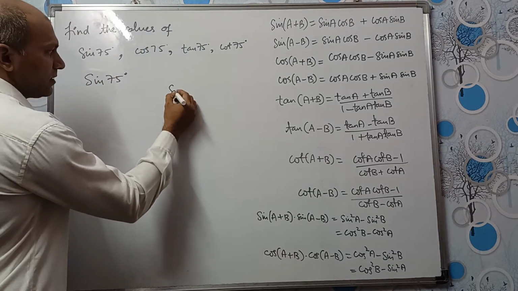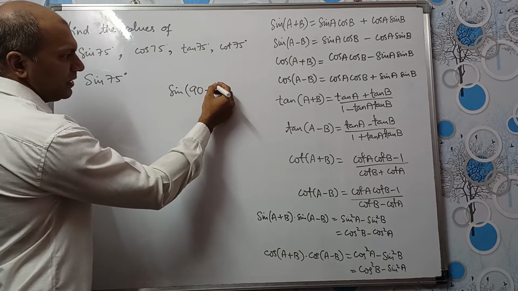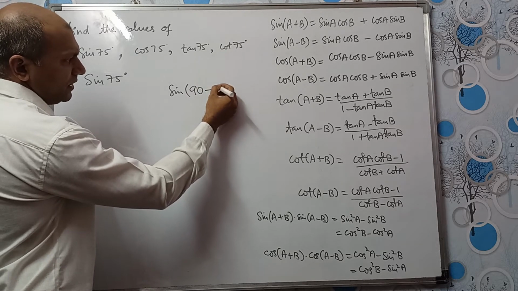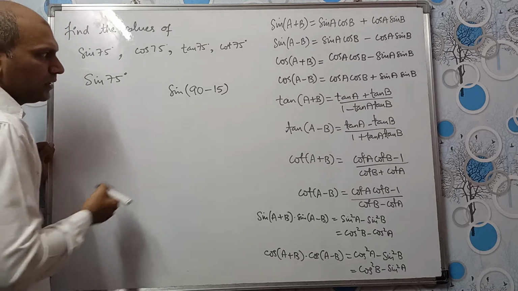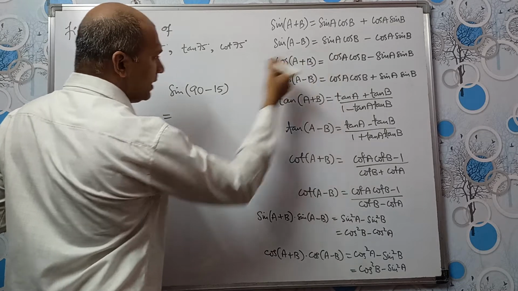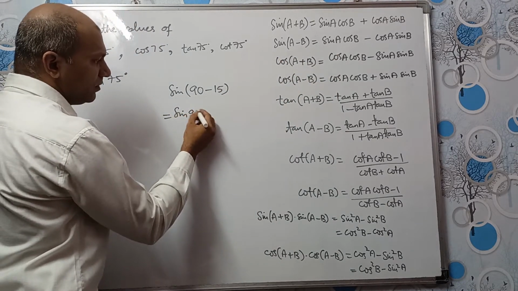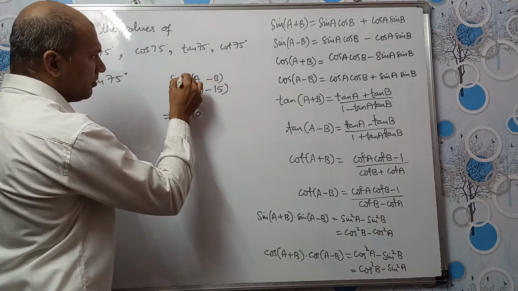Let us see. If you use sine a minus b, can we write 75 as 90 minus 15? Yes. So if you expand sine 90 minus 15, it will be sine a cos b minus cos a sine b.